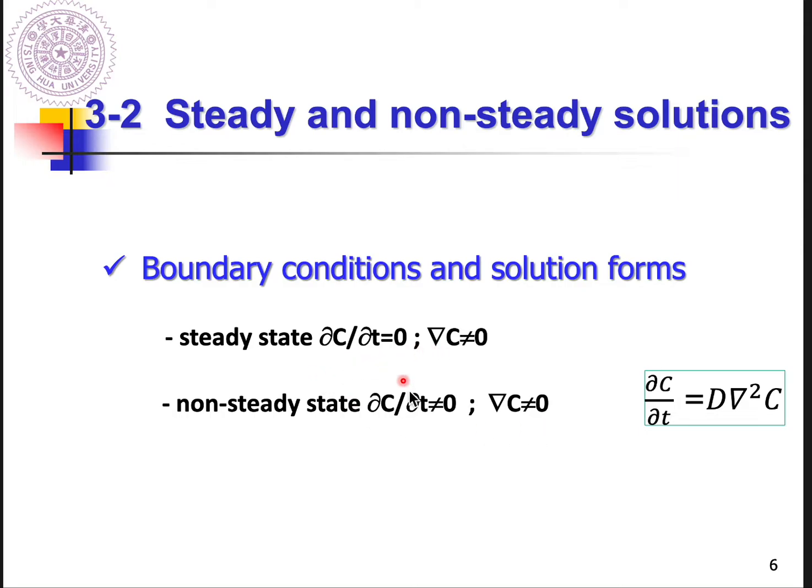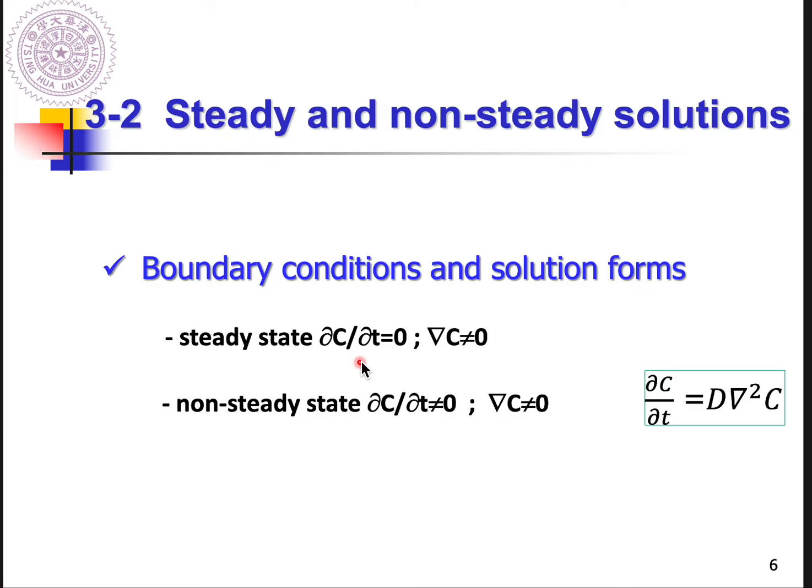But the difference is whether the concentration profile changes with time. So in order to tell what kind of boundary condition is in your material system, you need to measure the concentration profile in your material system at different time points in order to see whether the concentration profile changes with time.